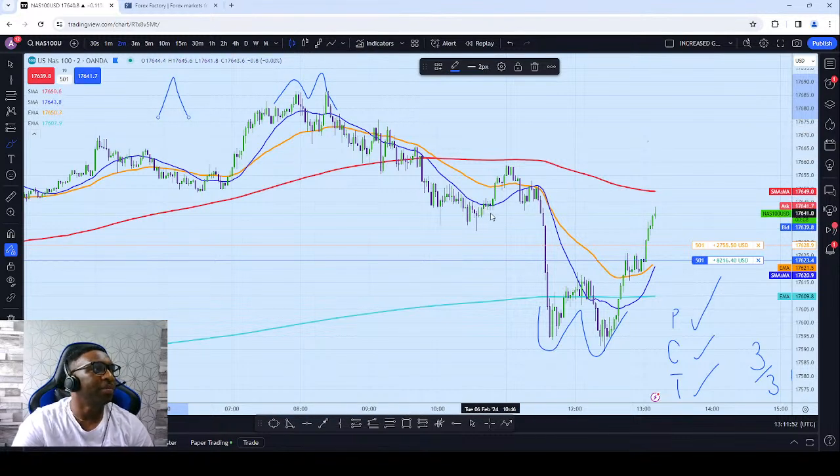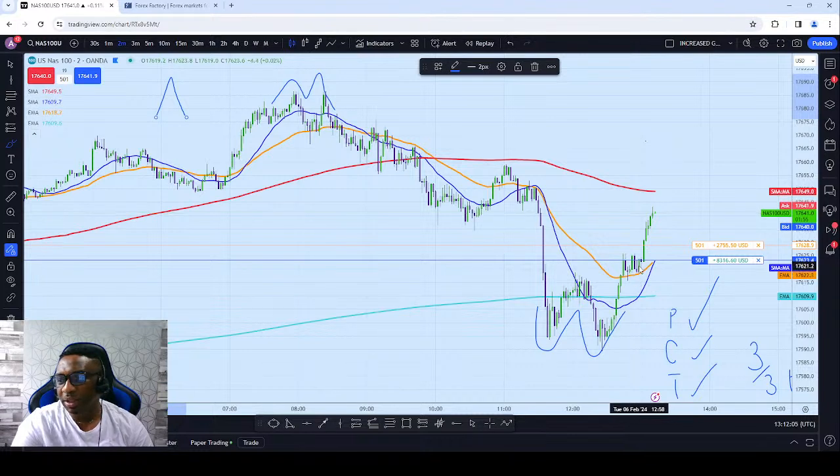Okay, I think Molly is asking about the stop loss and the TP. When we entered, we put our stop loss right below here. Now it's in profit, so we moved our stop loss above our entry. We are now trailing price as it moves up, just to lock in the profit.